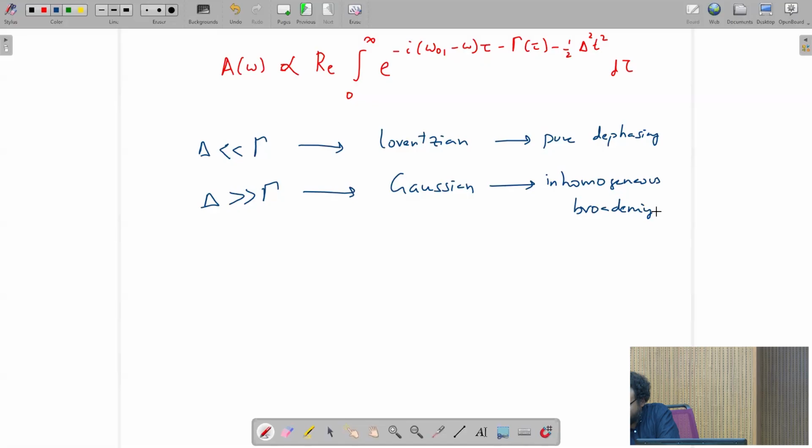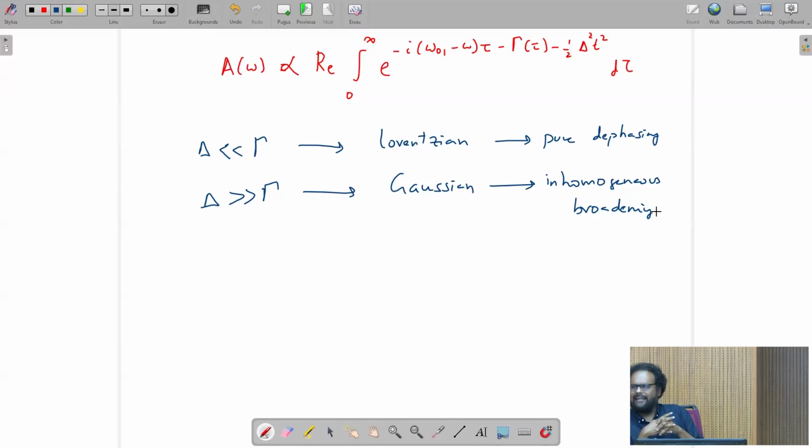Now the problem comes in this pure limit, two extreme limits. At least you can estimate one possible quantity. Okay, if my delta is much smaller than gamma, I know I'm measuring pure dephasing. Cool. If my delta is much larger than gamma, then I know I'm measuring inhomogeneous broadening, some quantity I'm measuring, right? Which is good.